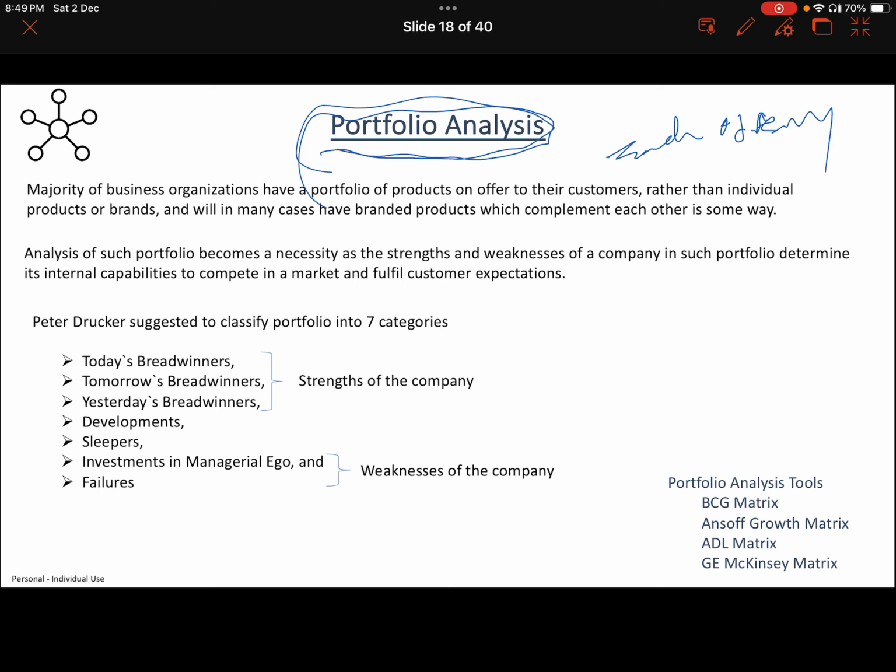So it is very difficult for any company to manage with an individual product, right? So that's why they will go with multiple products. So it is important to determine which product is good, which product is not doing good, which product requires certain improvements, and which product they have to focus more on. That's the analysis we do in portfolio analysis.